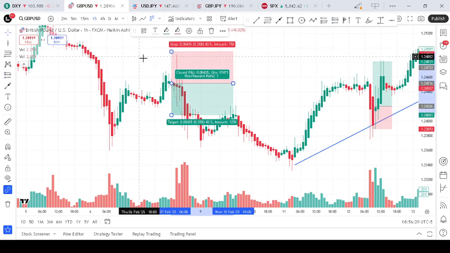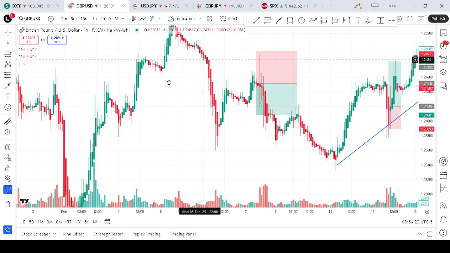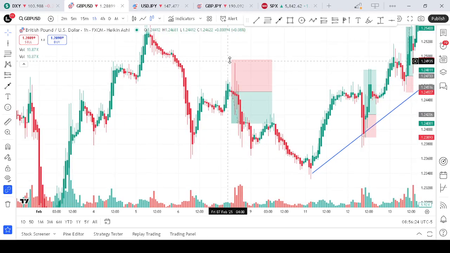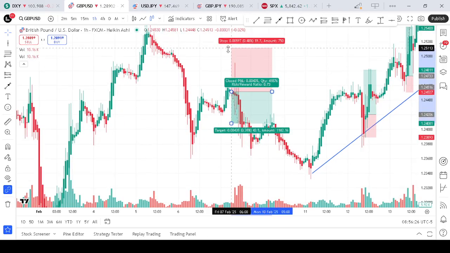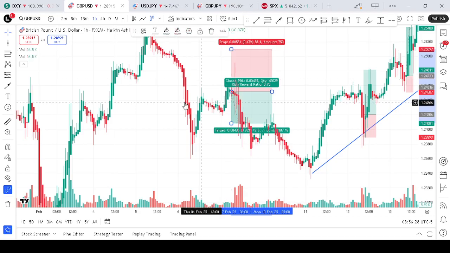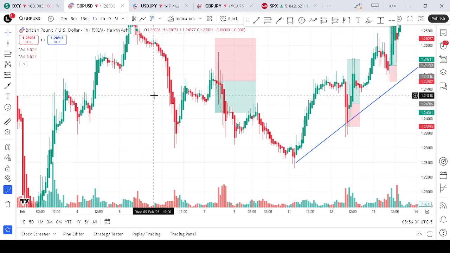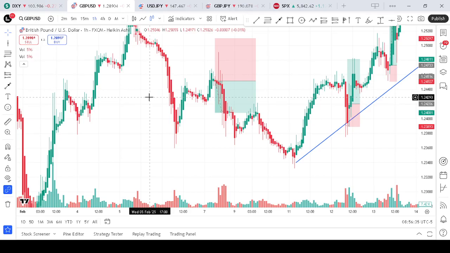We put our stop loss just below the swing low of that area. We can put it just below any swing low in that area to give enough breathing space, and this will help you to minimize your potential losses if the market moves against you.